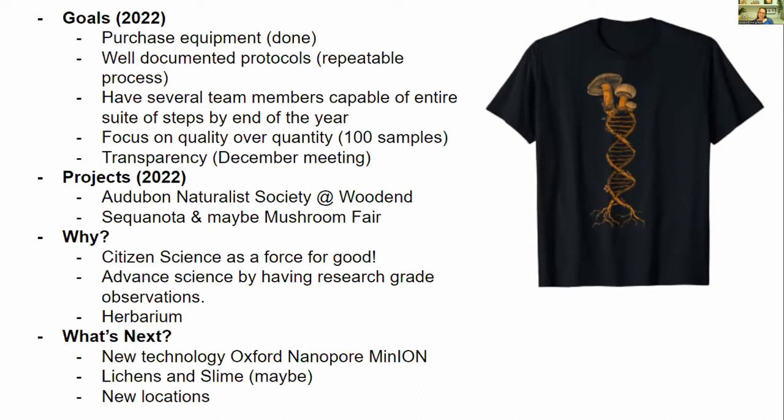With lichens being a tougher structure, it's more difficult to break them down to do the extraction. I was just talking to James Lendemer, who is at the New York Botanical Garden. The way he breaks down his lichens for DNA extraction is he uses liquid nitrogen. So, that's another step beyond where we currently are, but we will get there at one point.